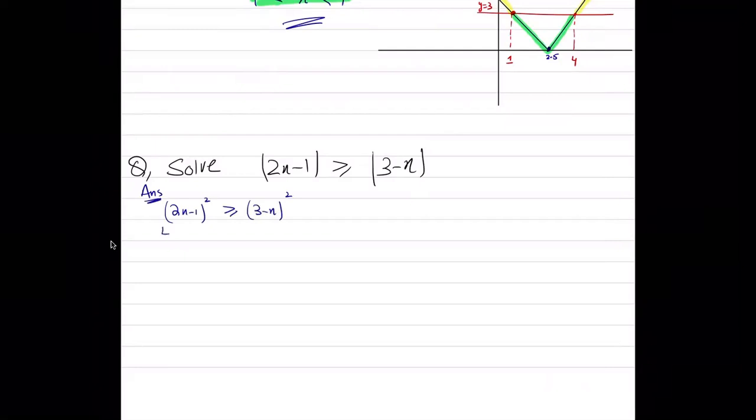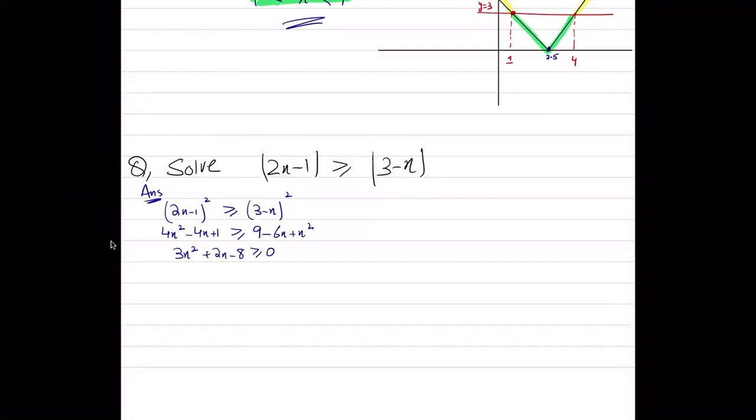So this is going to result in 4x squared minus 4x plus 1 greater than or equal to 9 minus 6x plus x squared. You're going to get a quadratic inequality over here: 3x squared plus 2x minus 8 greater than or equal to 0. Please factorize this and give me the critical values.